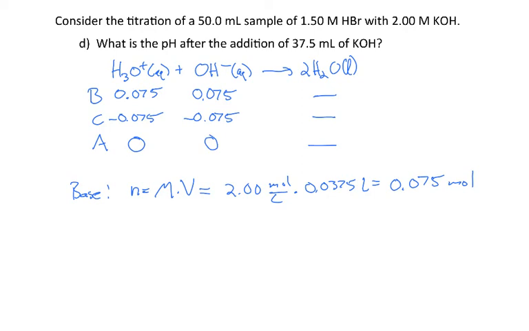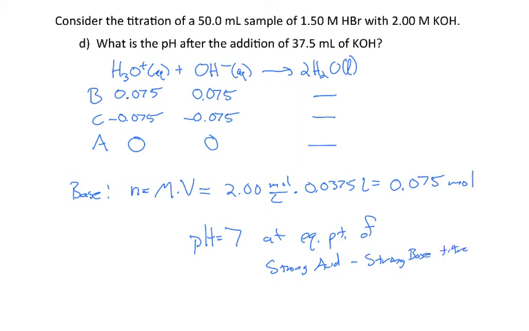And so the pH is going to be 7. So anytime I have a strong acid, strong base titration, the pH at the equivalence point is going to be 7.